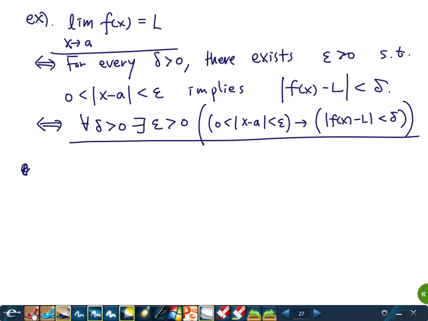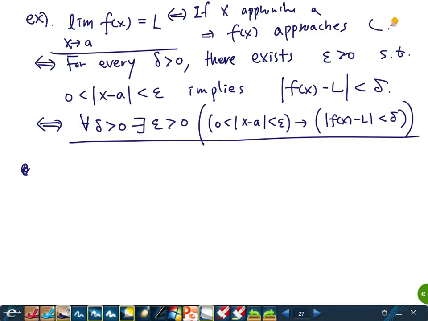Usually people define it like this: if x approaches a, then f of x approaches L, right? But this is not very precise because we cannot say how x approaches a, how f of x approaches L. It's not precise enough to do mathematics using this. This is the precise definition.